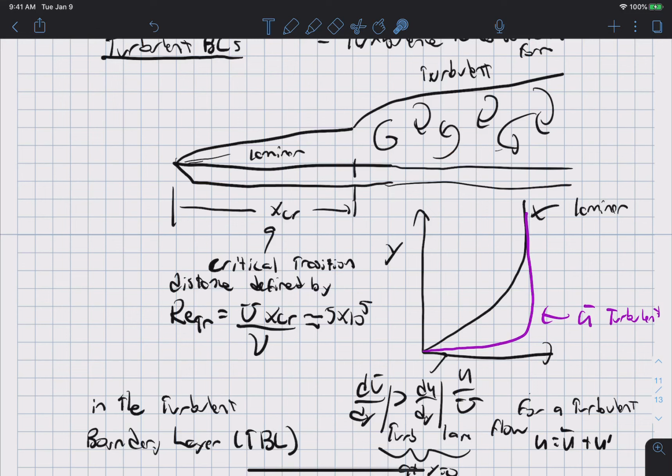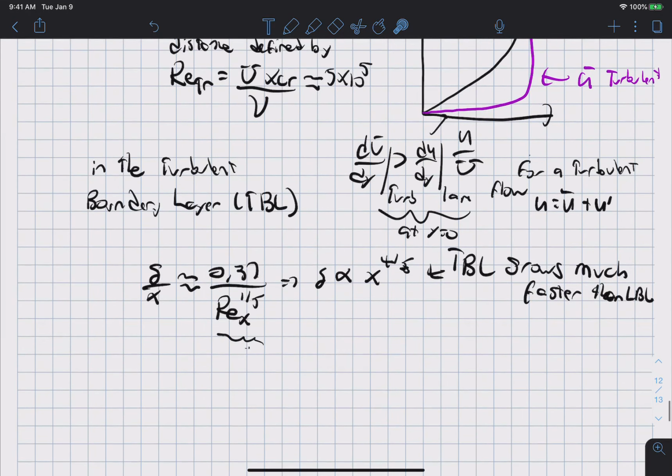This act of tossing it up helps to thicken the boundary layer and makes it grow faster. And recall that the laminar boundary layer grew by x to the 1/2 power. So a much higher power.